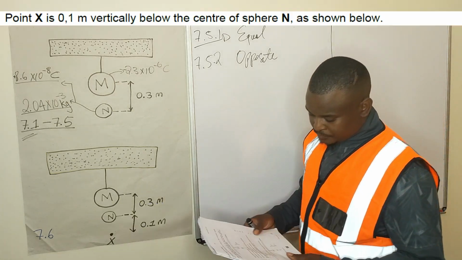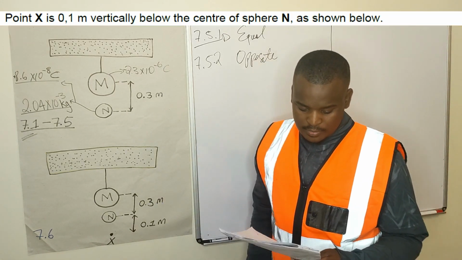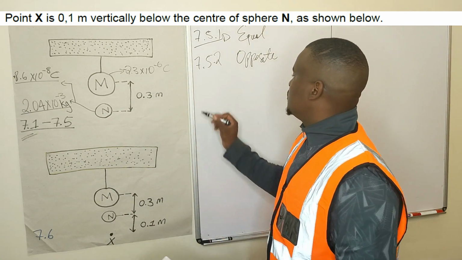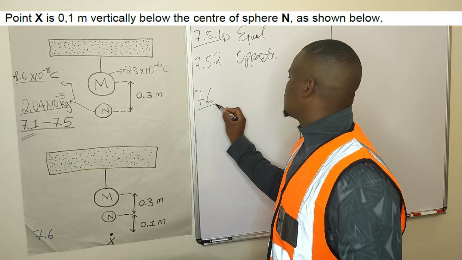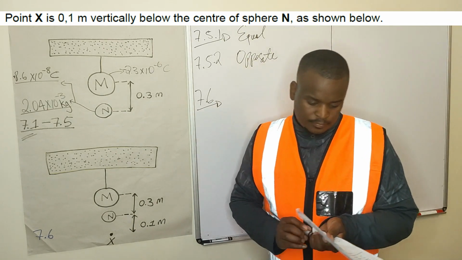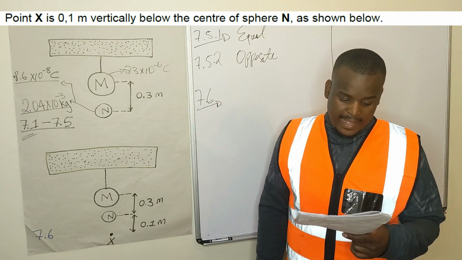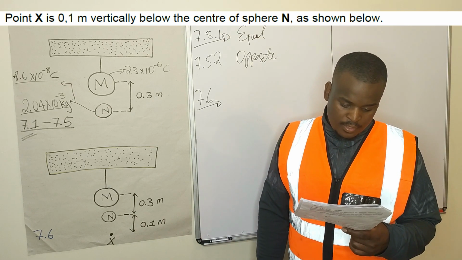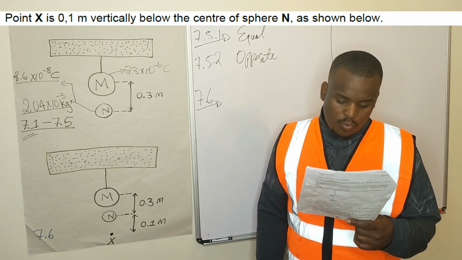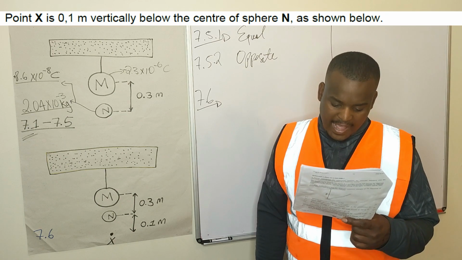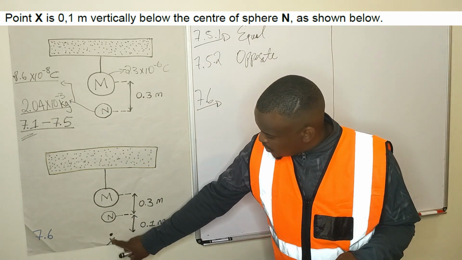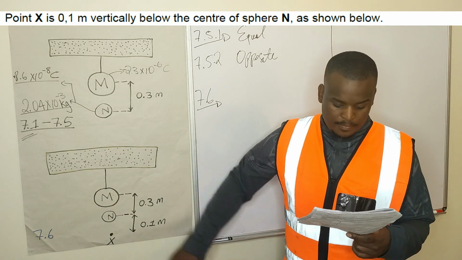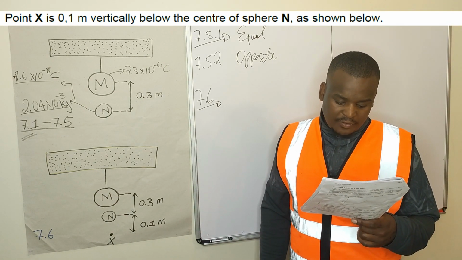Then we move to the next question, which is now 7.6, looking at this diagram here. Point X is vertically below the center of sphere M, as shown on this diagram.